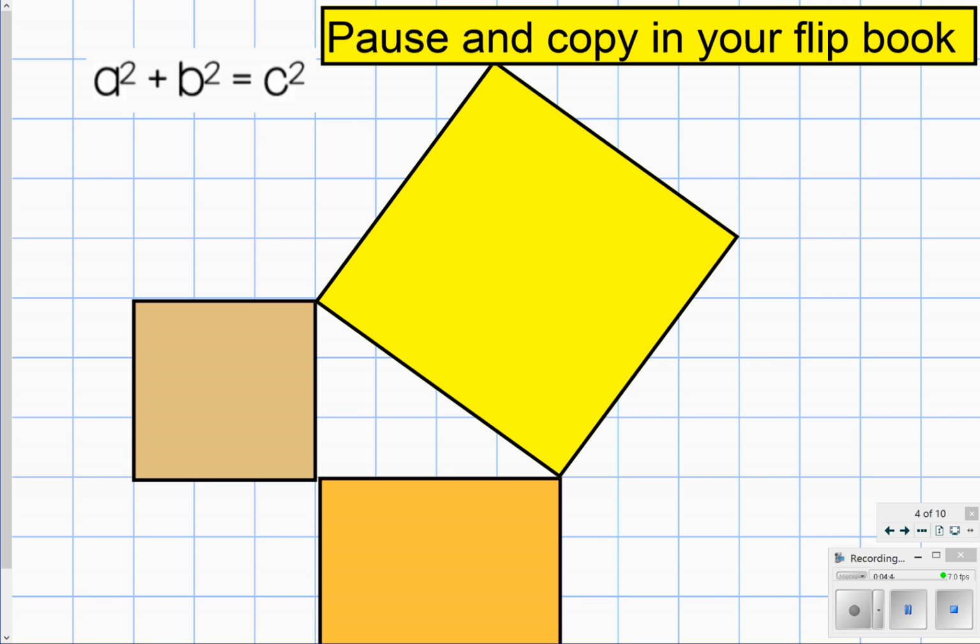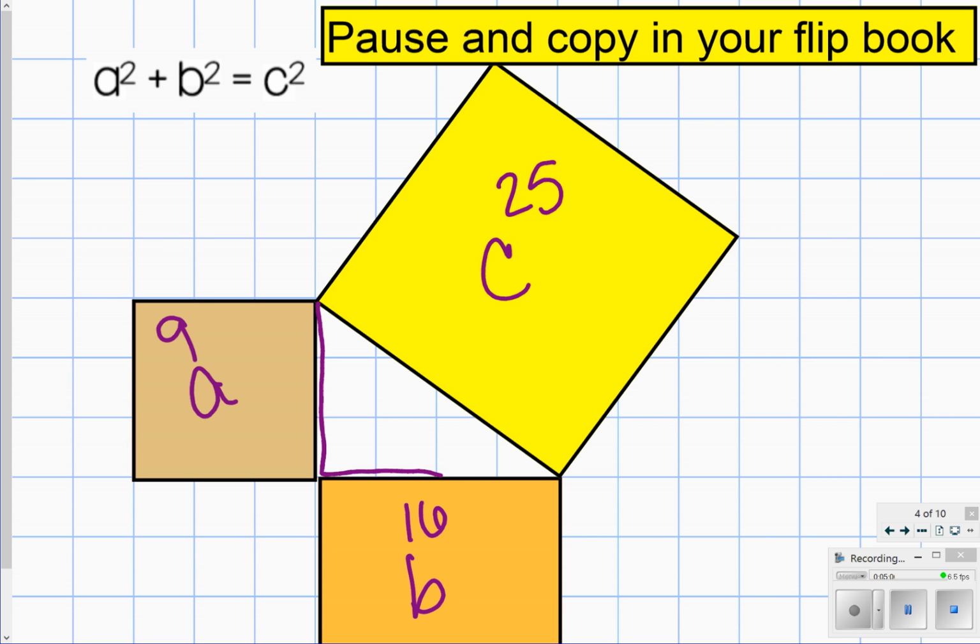Well, let's see how it connects. If we turn the squares, manipulated the squares, we could have square A here, which again was 9, and we could have square B here, which again was 16, and here is square C, which was 25. And if you notice the way we've twisted and turned them, we've created, right in the center, a right triangle. How interesting.